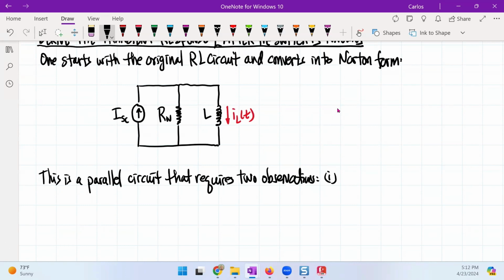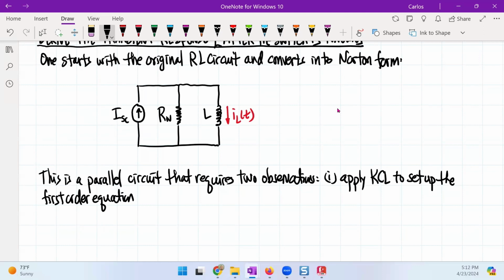One, we have to apply KCL to set up the first order equation, and parallel elements have the same voltages.